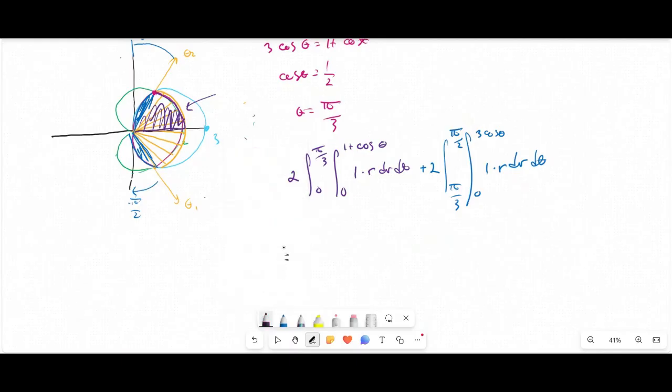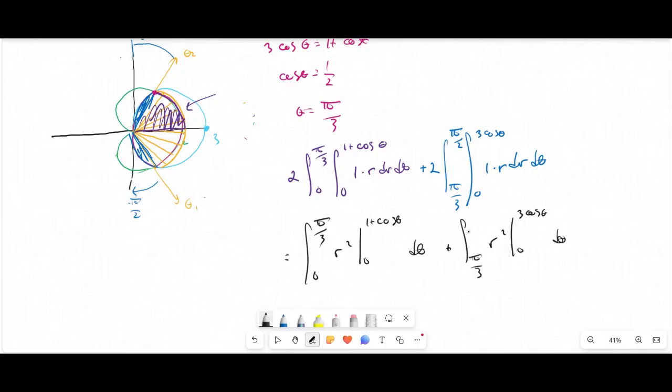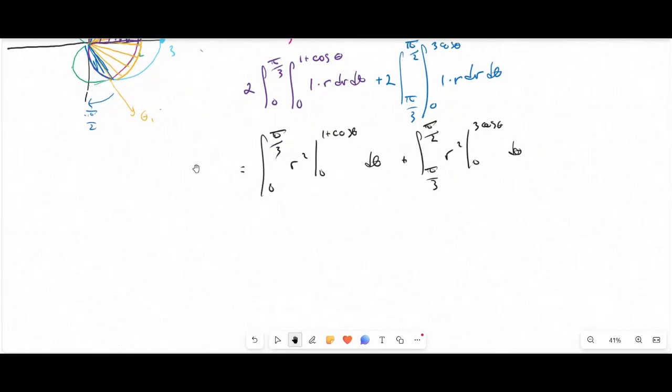Okay, let's just get through as much of this as we can. Put the 2 with the r. That integrates to r squared. That's the first integral in r. Again, put the 2 with the r. Let's continue.